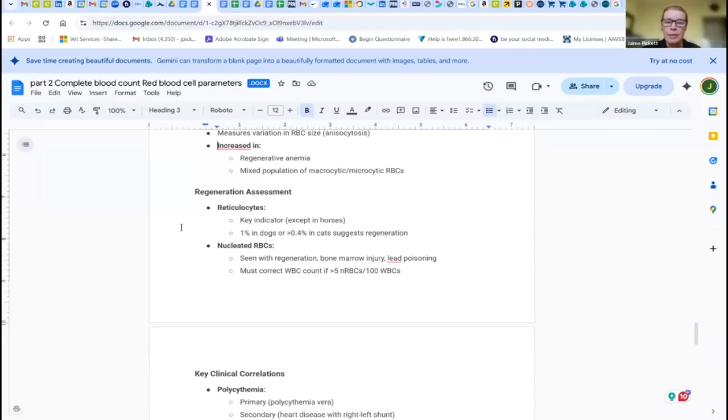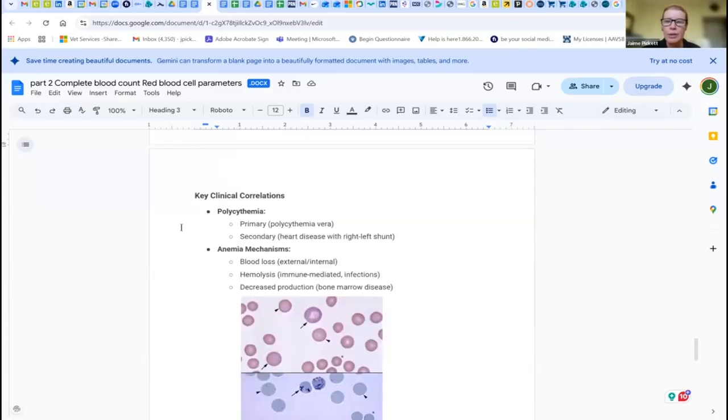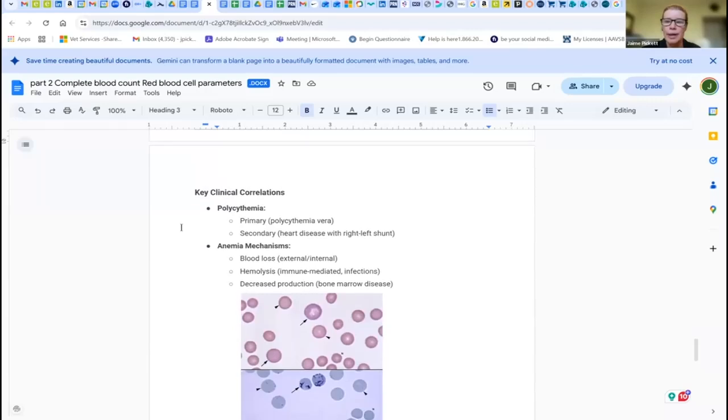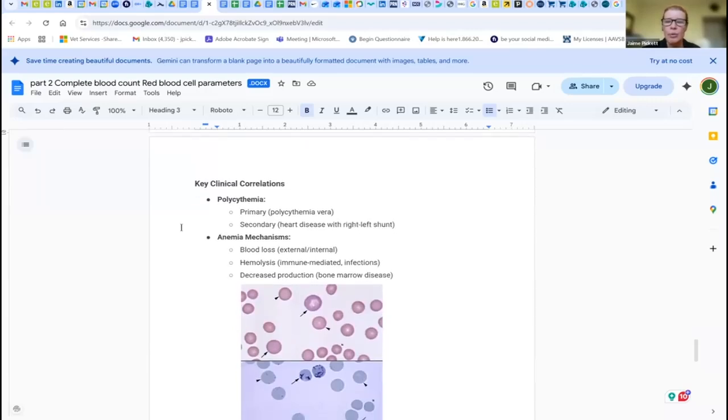So, some key clinical patterns to think about. When you're diagnosing anemia, think in terms of mechanisms: blood loss, internal or external; hemolysis, which could be immune mediated, infectious, or toxin induced; and then production failure, bone marrow disease, chronic illness, renal failure.